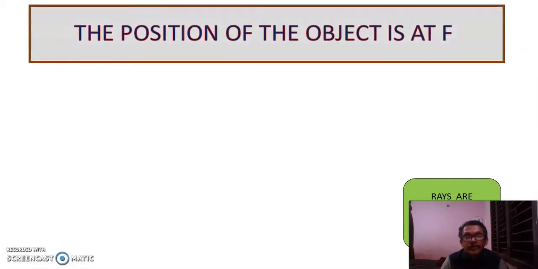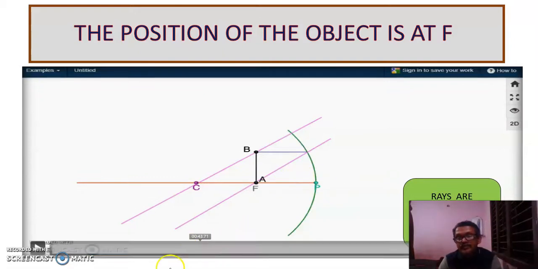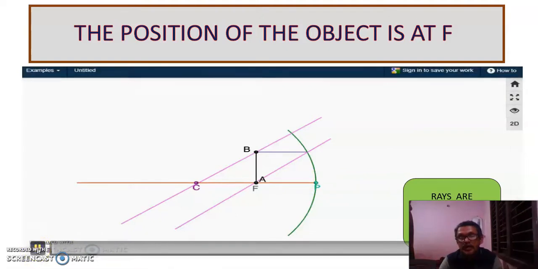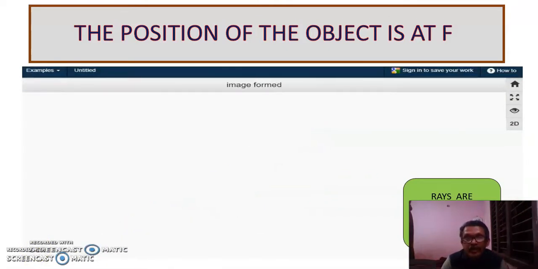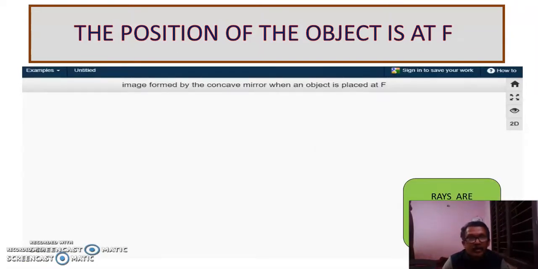Now the position of the object is at F. So now see here. Same, draw 16 centimeter.